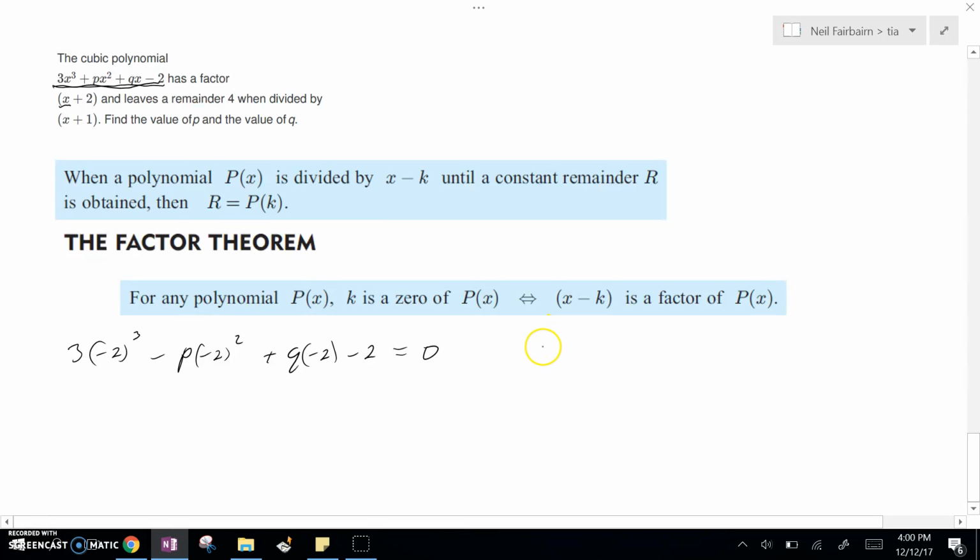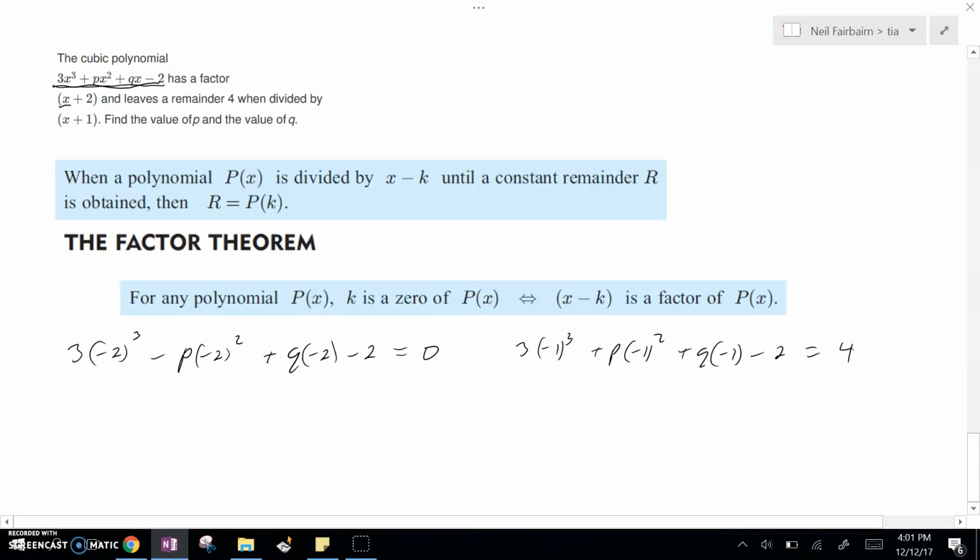Similarly, I'll write it on the side. If I put negative 1 into this, so 3 times negative 1 to the power 3 plus p times negative 1 squared plus q times negative 1 minus 2. If I put that negative 1 into it and the remainder is 4, then this would be equal to 4.